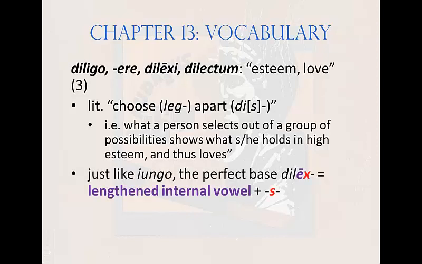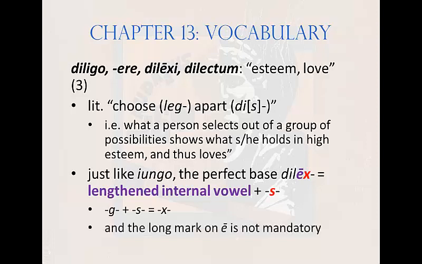Just as with jungo, the perfect base delex has both an internal vowel that's been lengthened and S has been added onto the end of the present base. Again, G plus S is spelled with an X, and again, the macron on the long E is not a mandatory long mark.